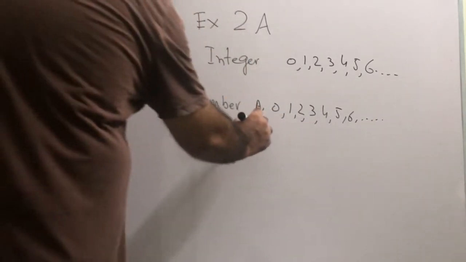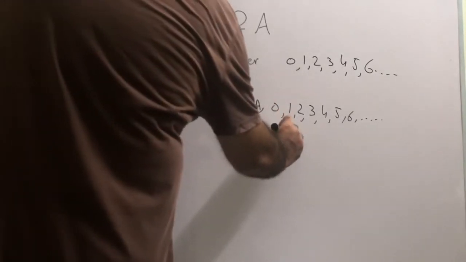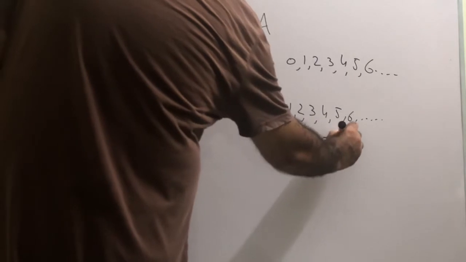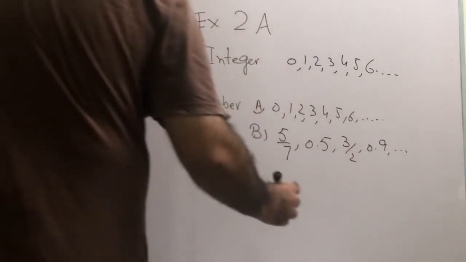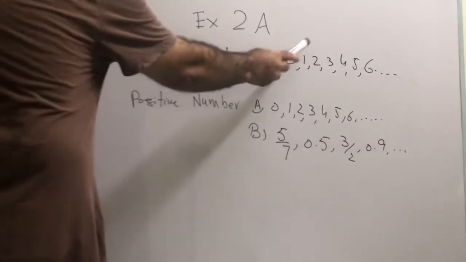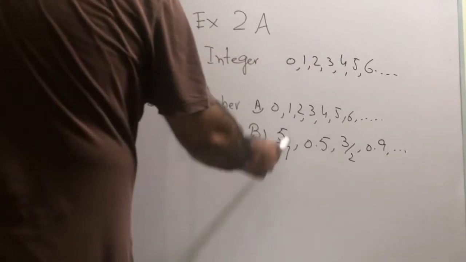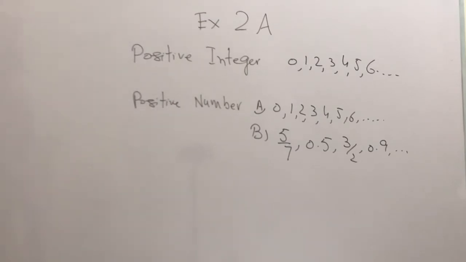And number 2: positive numbers like 5 over 7, 0.5, 3 over 2, 0.9, like this. So positive integers don't have 5 over 7, 3 over 2, 0.5, or 0.9.